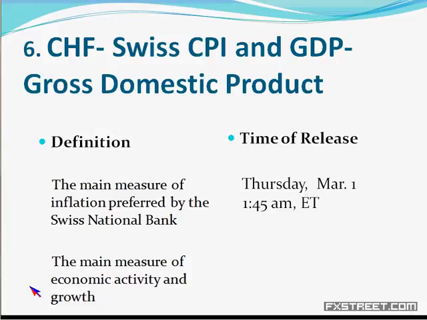Now, these couple of important reports from Switzerland are also going to come a couple of weeks before the Swiss National Bank's monetary policy meeting, which is due on March the 15th. And they can also help us gauge the next move of the Swiss National Bank, as I said earlier.